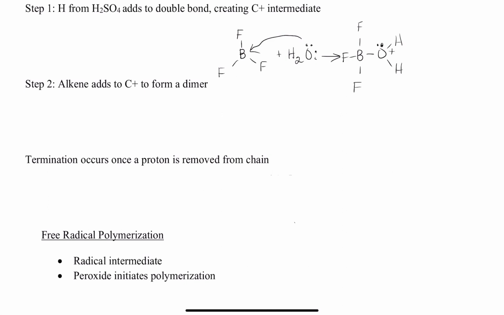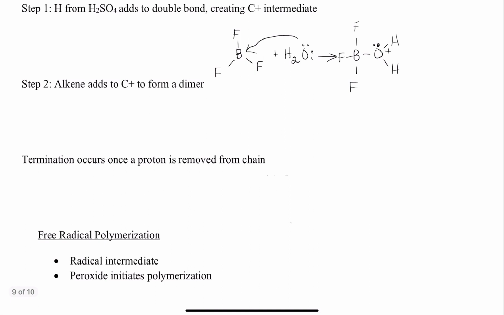And then because our oxygen is protonated, if we were to use our isobutylene again, what would happen is our double bond would come abstract one of these hydrogens, and now we'd have three hydrogens attached to our carbon.